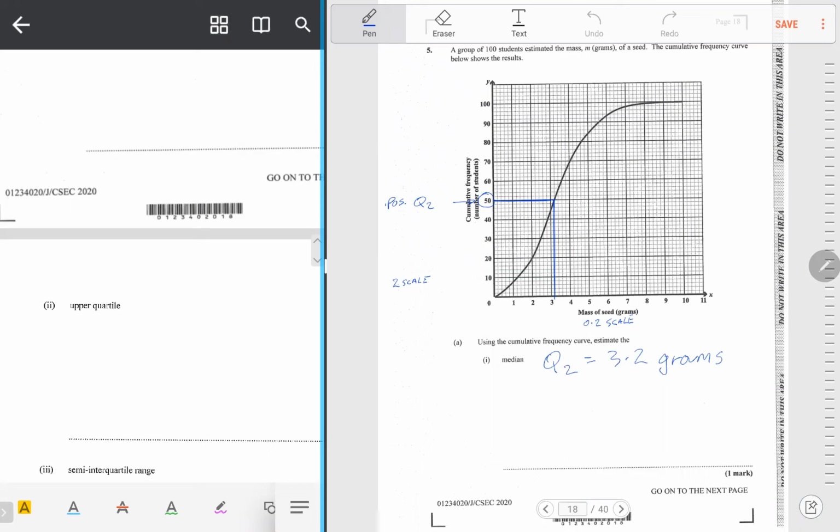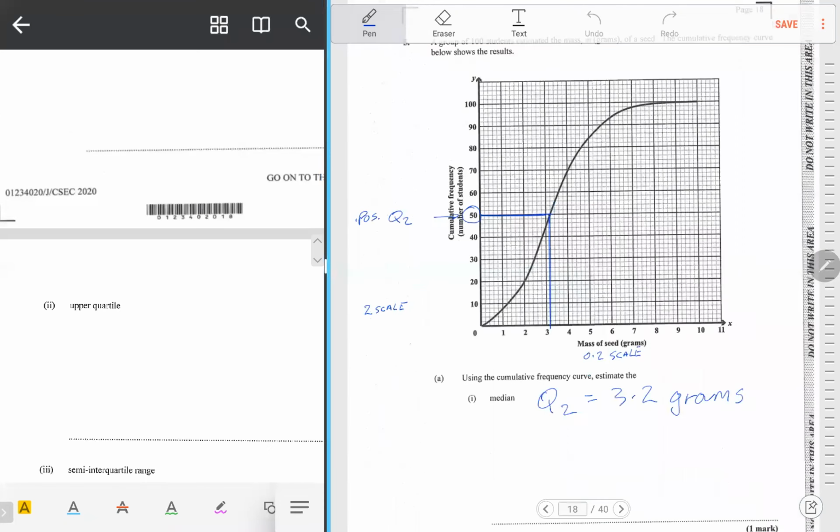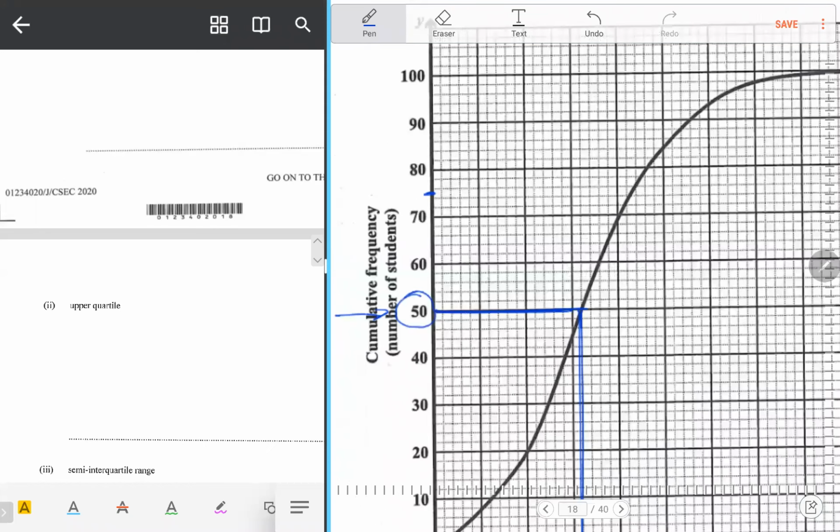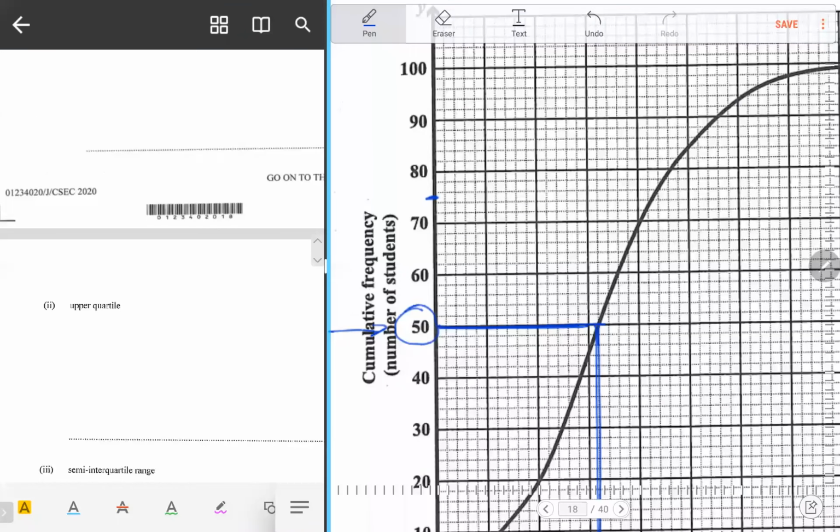So the 75th student will have the upper quartile mark. Remember, every line is 2, so this is 70, 72, 74, 75 is right here. That is 75, isn't it? Yes, sir.